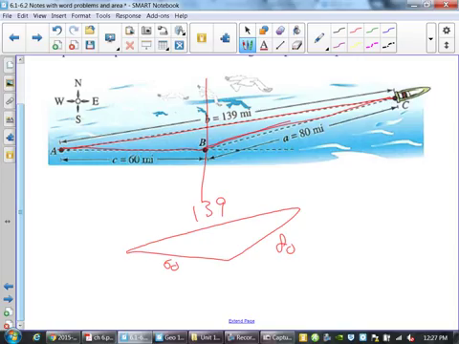Okay, so let's go ahead and do the law of cosines. Obviously, we need to do that to find which angle? The middle one. Well, what if I'm standing like this? The middle one is across from the 80, not like the middle one and the north.